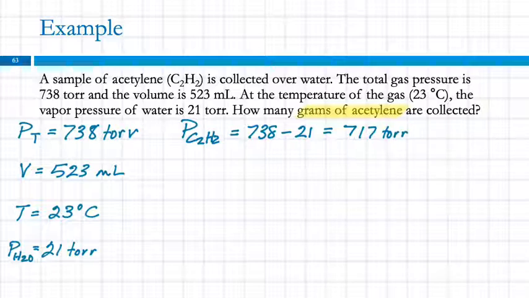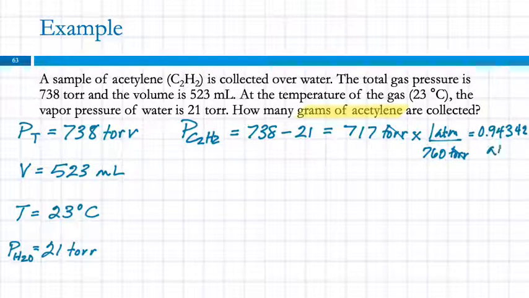Is that going to be a good unit for the ideal gas law? No. Let's just fix it up now. Convert that to atmospheres. Torrs cancel out. 0.943 42 atmospheres.